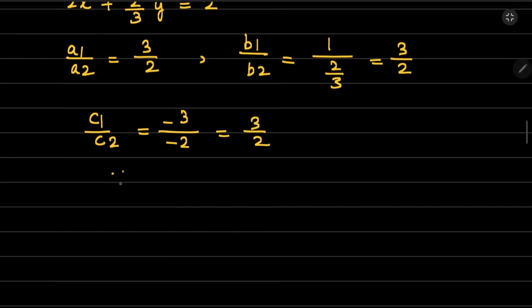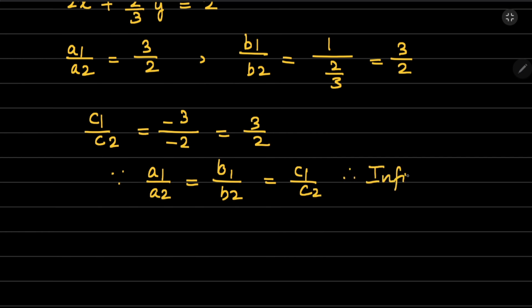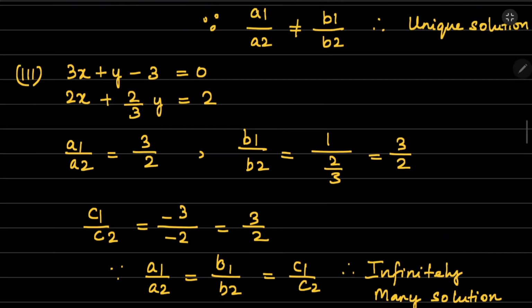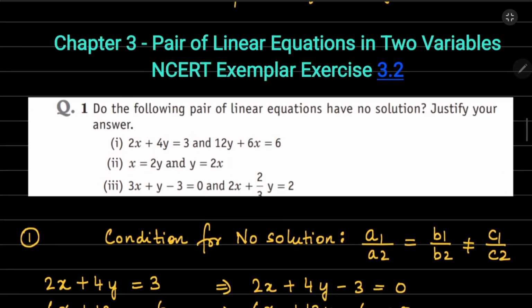When all the three ratios are equal, since a1 by a2 is equal to b1 by b2 is equal to c1 by c2, it has infinitely many solutions. So this third question also does not satisfy the condition of having no solution.